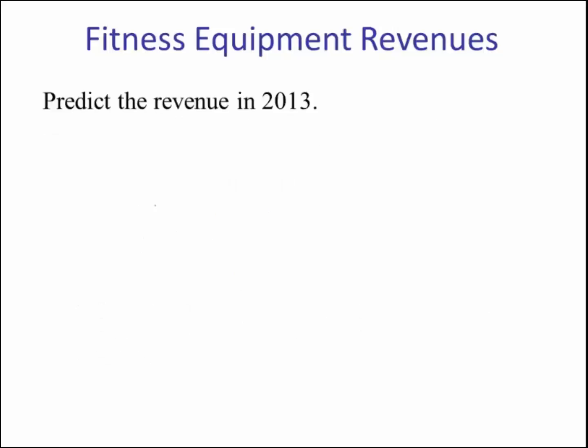Next, predict the revenue in 2013. So we have our equation, and we want to find F of T for the year 2013. In 2013, the number of years since 1990 is 23.